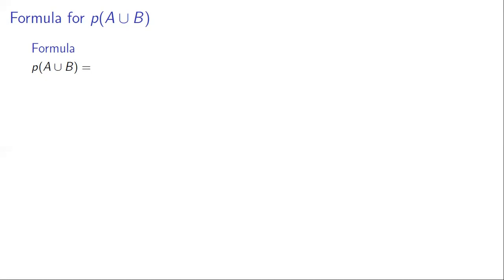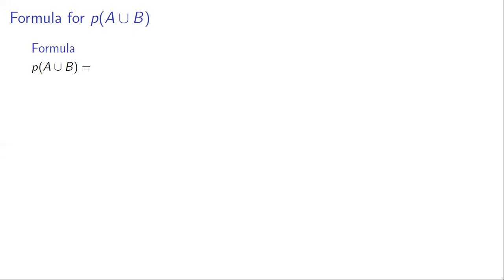However, this formula actually works even in those cases, even where outcomes are not equally likely to occur, but the math is more tricky then. So the proof for the formula that I'm going to show you now relies on the assumption that all outcomes are equally likely to occur. But again, this formula will work even when that's not the case.